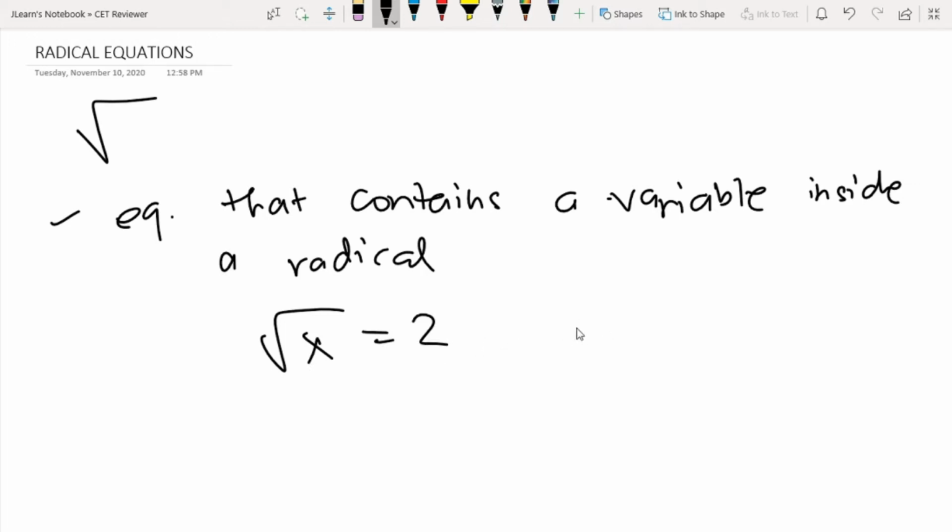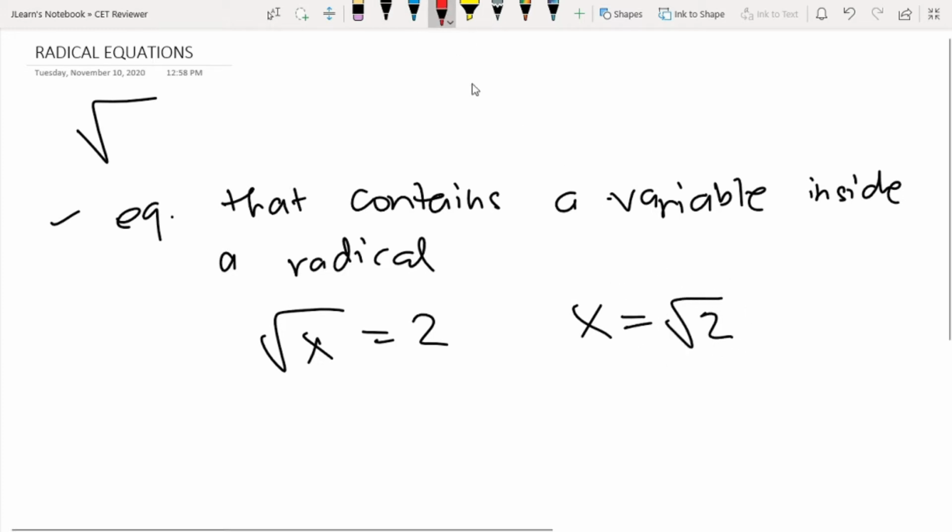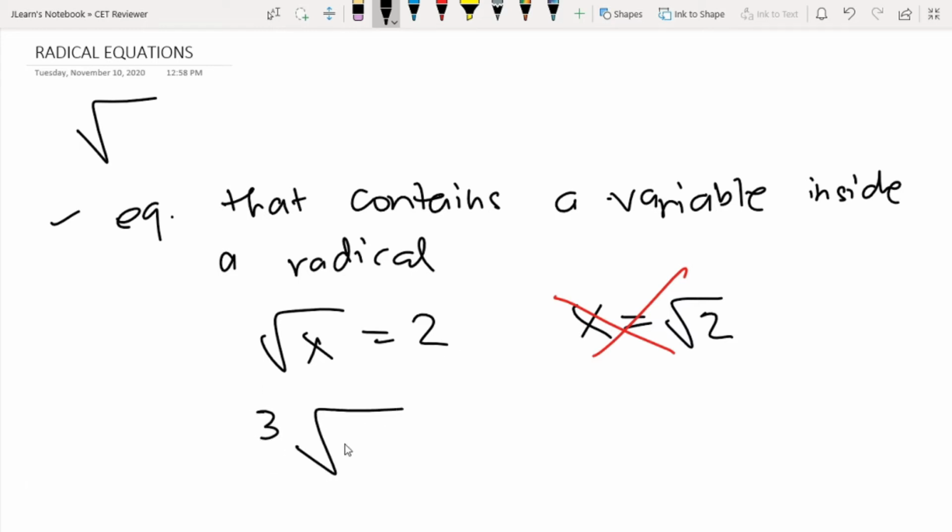Pero take note of this, pero x is equal to square root of 2, kahit na meron kang square root diyan, ito ay hindi isang radical equation. Kasi ang definition natin ng radical equation ay dapat yung variable yung may square root or may root or may radical. So for example, pwede rin cube root of x plus 3 is equal to 10.